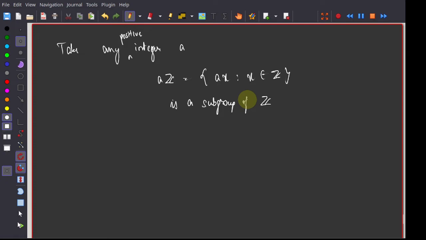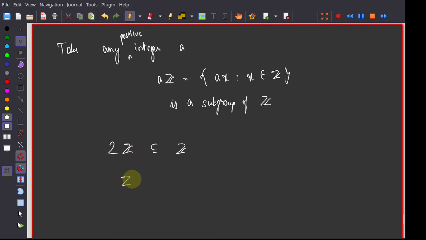Now that is also a group, but it's not a subgroup of Z. It contains Z. But on the other hand, if it's a positive integer, so 2Z is a subgroup of Z.